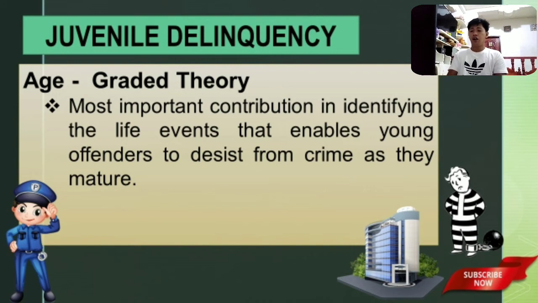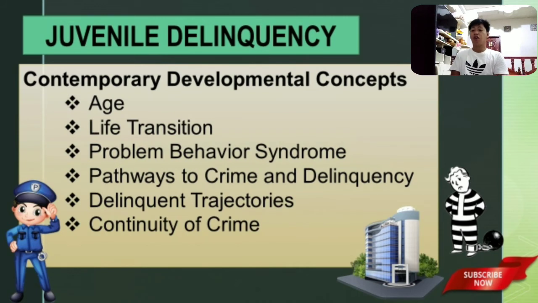Ngayon, let's talk about the contemporary developmental concept briefly. No? So we have here yung mga factors actually that had been included with regards to the developmental theories, no, na pwedeng yung experiences nila dito can be the reason kung bakit nag-develop sila ng juvenile delinquency, ng juvenile delinquent behavior, or nag-develop sila ng pro-social behavior.